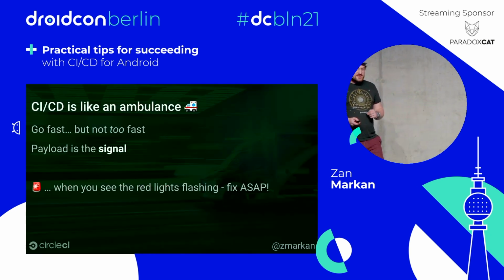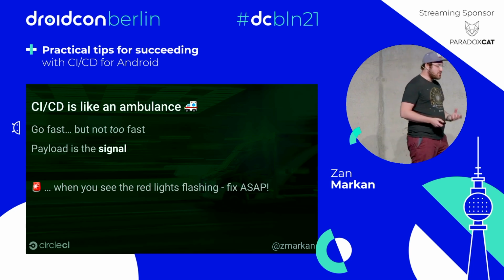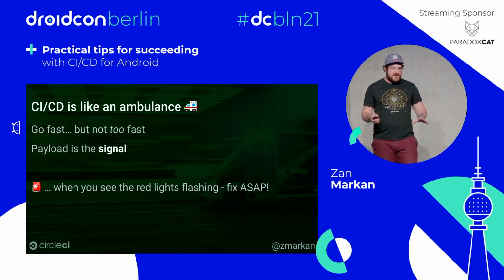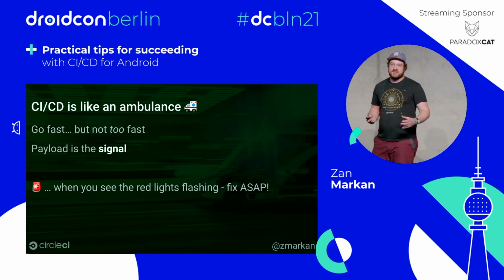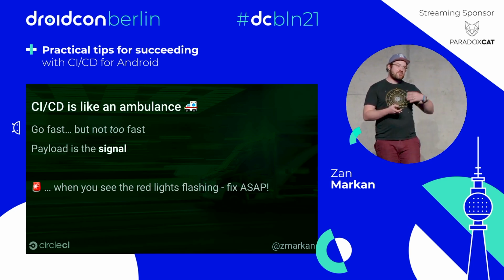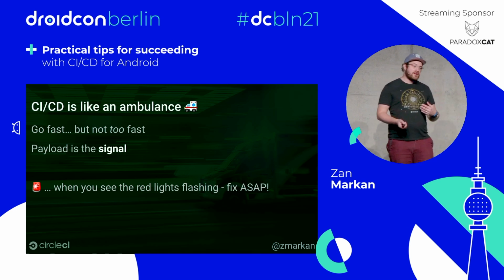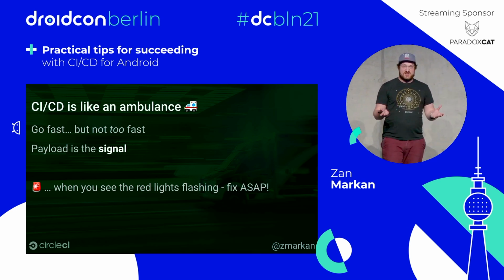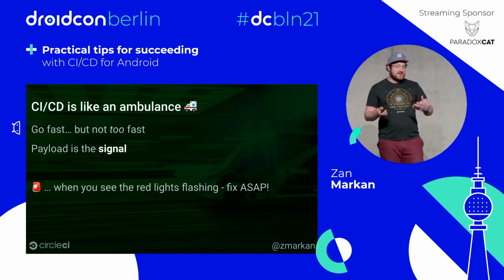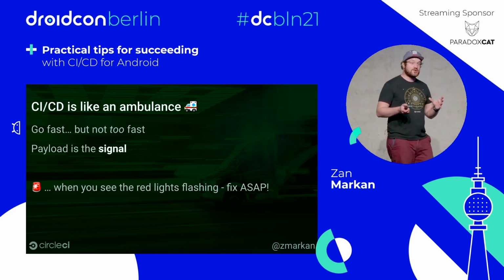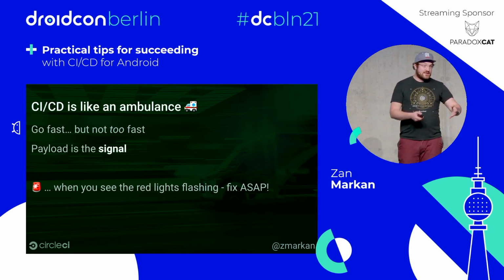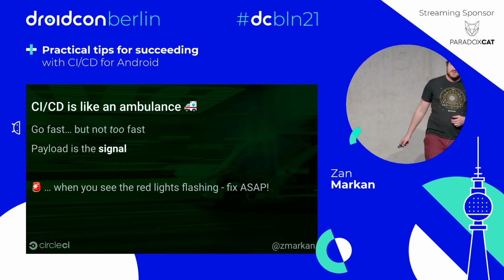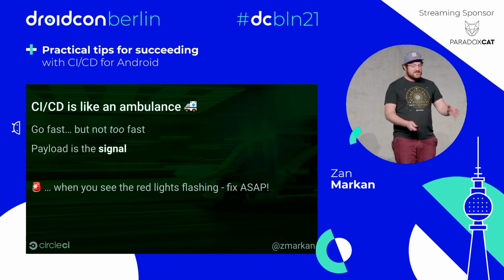I do like the ambulance analogy much more, because it should, of course, go as fast as possible, but it also needs to carry the signal of the state of your application, so that you have enough information about your app, about the tests that you've run, so that you can actually be sure that your work has been successful. So that payload that you're carrying in your CI/CD ambulance is the signal, and that tells you of the quality of your app. So when you see the lights flashing, if it goes red, go fix it ASAP.